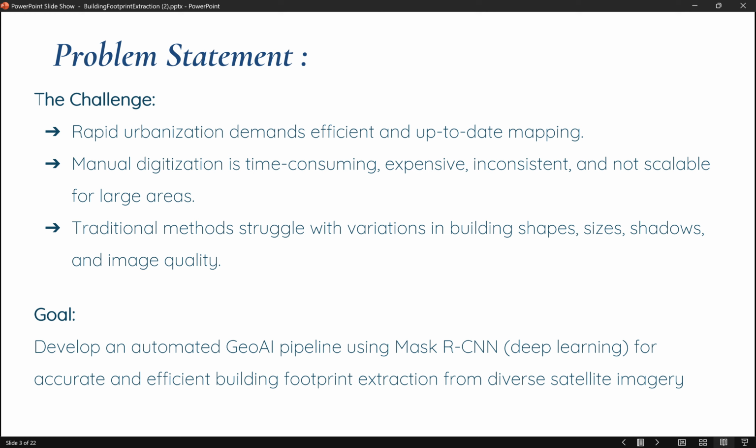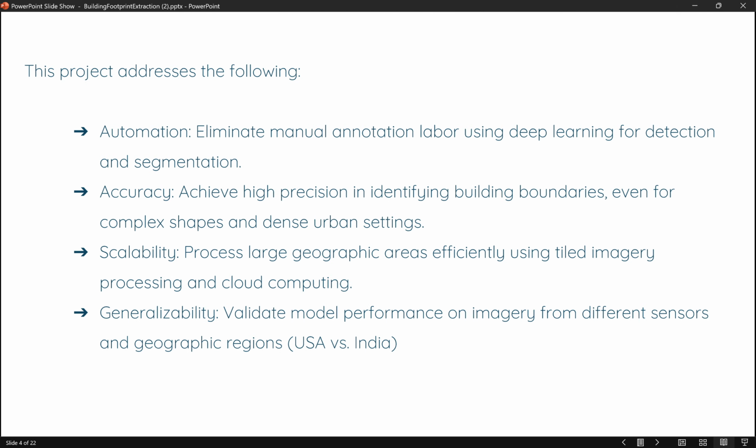Therefore, our problem statement is to develop an automated GeoAI pipeline using Mask RCNN. Specifically, this project aims to achieve automation to eliminate the laborious manual annotation by using deep learning for detection and segmentation. Second, accuracy, to achieve high precision in identifying building boundaries, even for complex shapes and in dense urban settings.